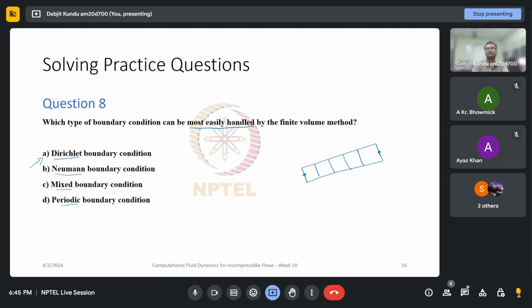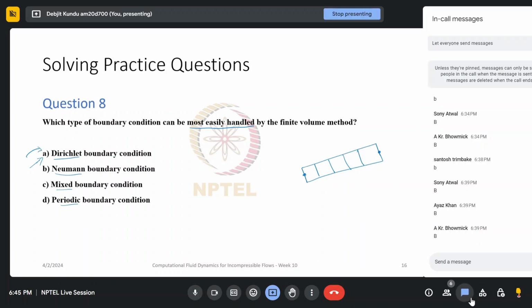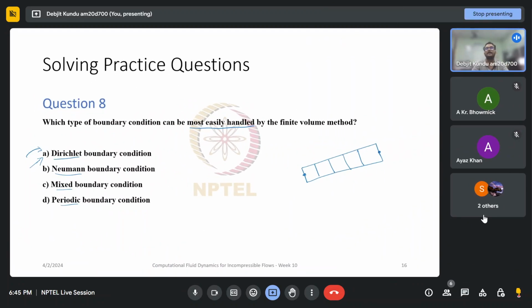So we have two responses now in favor of option A, and one response in favor of option C, that is mixed boundary condition. Okay, so let's have a look at the solution. It's actually Dirichlet boundary condition.